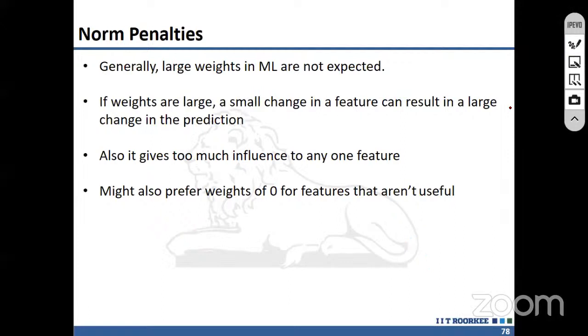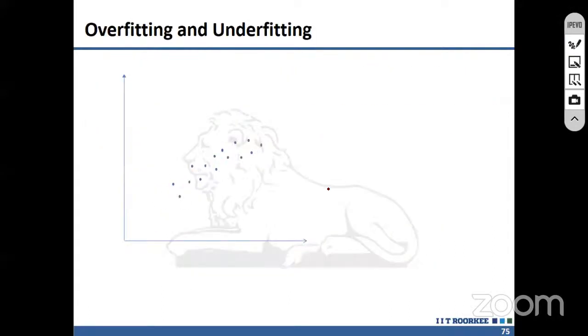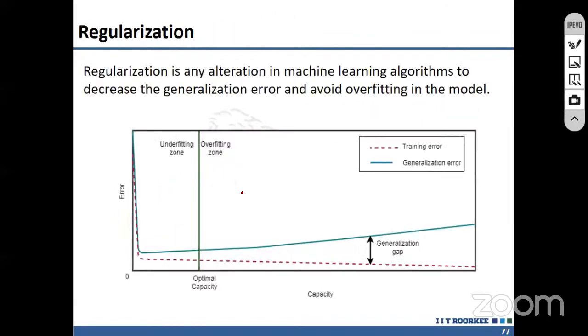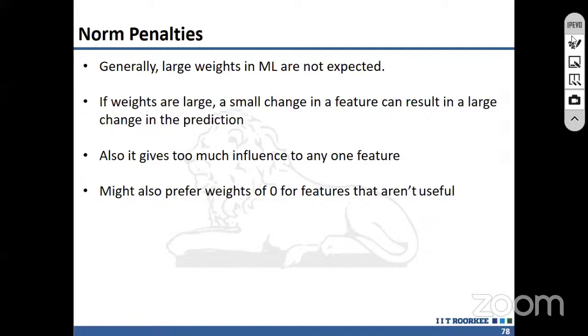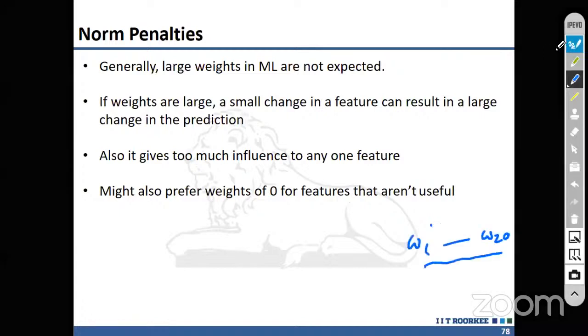That was the issue when we used this curve: all these weights were fine-tuned, and because of that there was overfitting. So we do not want all these weights to be fine-tuned. We will put some control that after some point, these W's will not be modified.